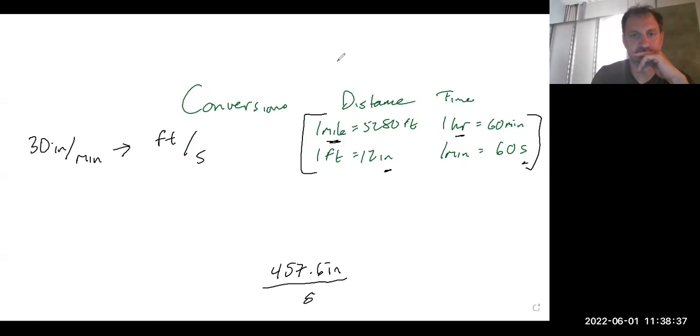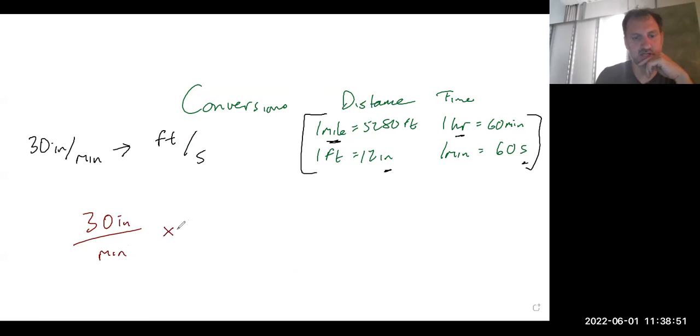Okay, go ahead and press pause and try it out for yourself. And then when you unpause it, we'll lay it out. So we've got 30 inches per minute times, I need to get rid of the inches, so I'll put it on the bottom, feet goes on the top, 1 foot is 12 inches.